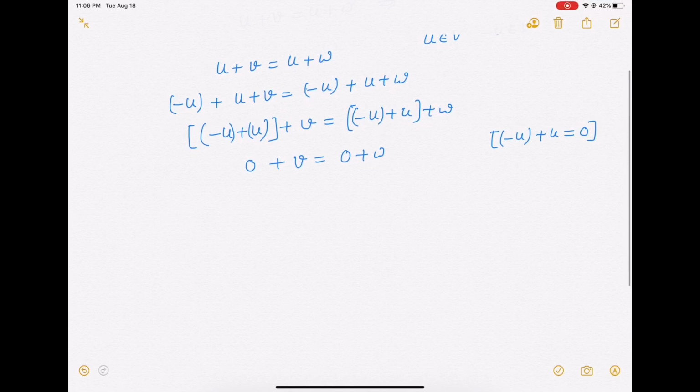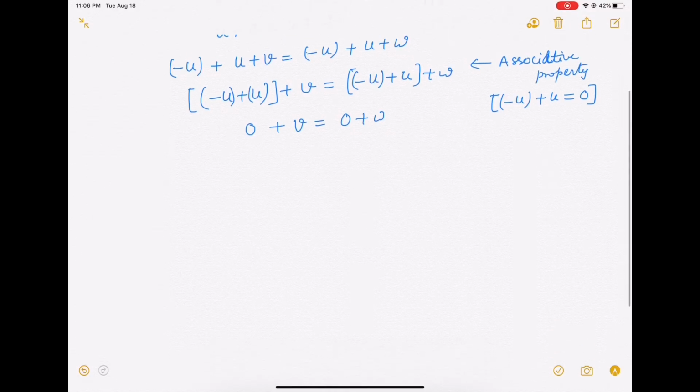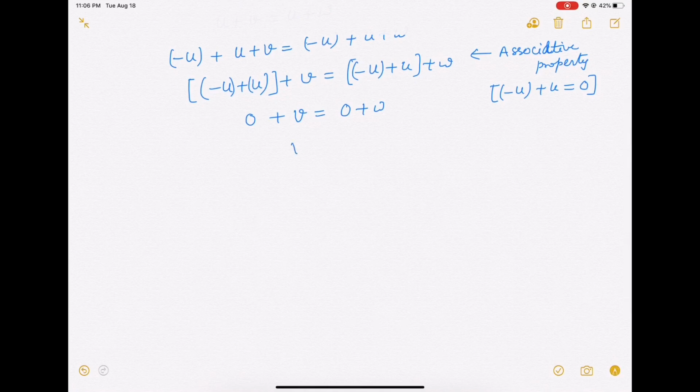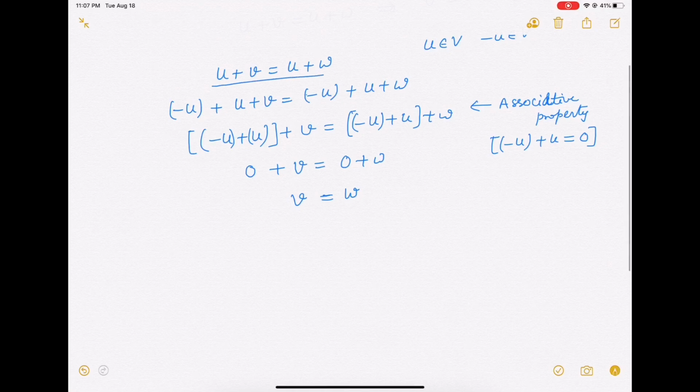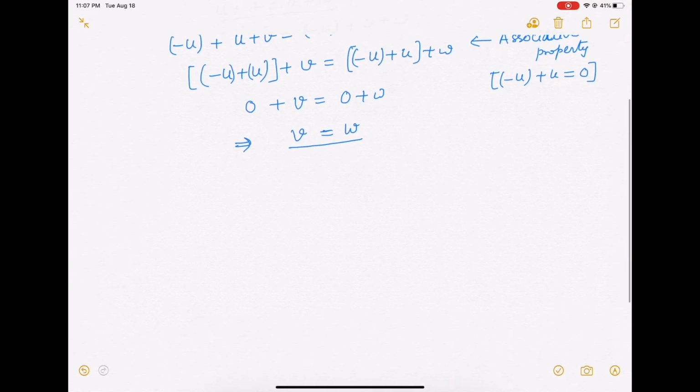That is the identity property. And here I am using the associative property. So this 0 plus v, when the identity element is added in v, we get v, and again when the identity element is added in w, we get w. So u plus v equal to u plus w implies v equal to w. So this is the cancellation law and it is called the left cancellation law.